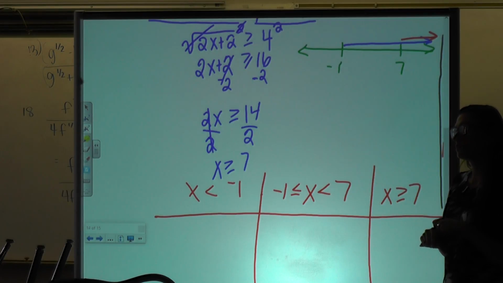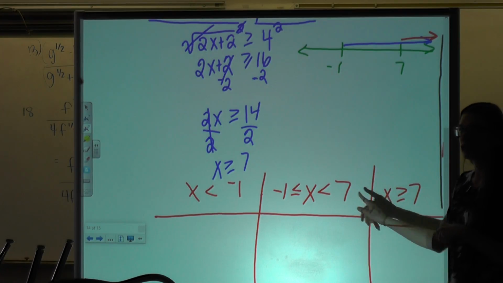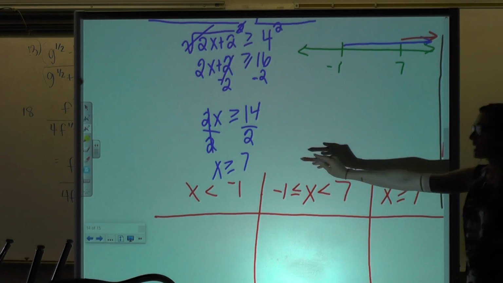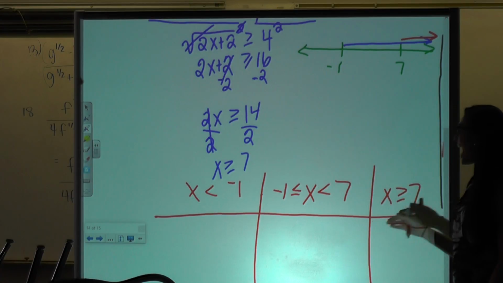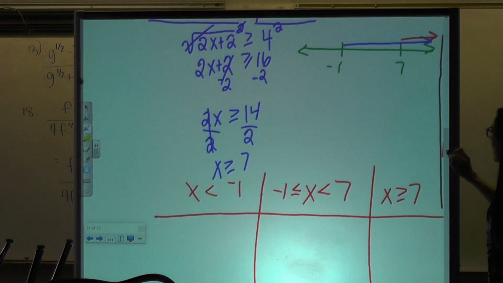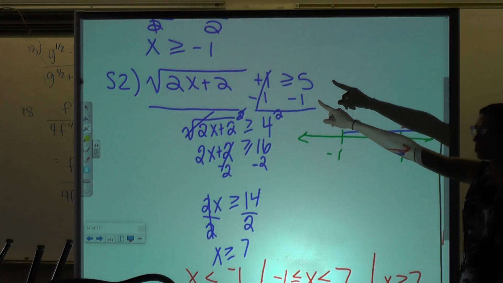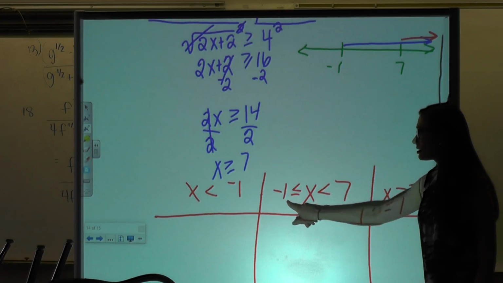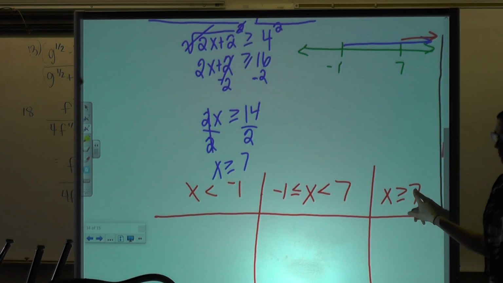We're going to test our values and see if it makes a little bit more sense. This is why people don't like this stuff. Choosing the intervals and making sure they get the right signs is the hard part. But x is greater than or equal to 7 had to be in there, and x is greater than or equal to -1 has to be in there, because that's what it tells us.